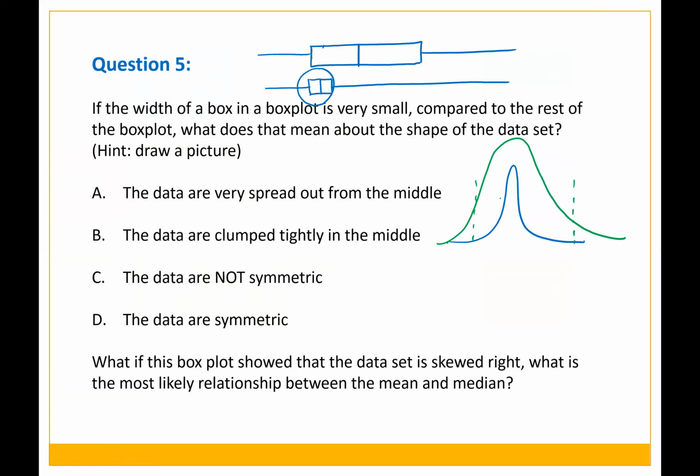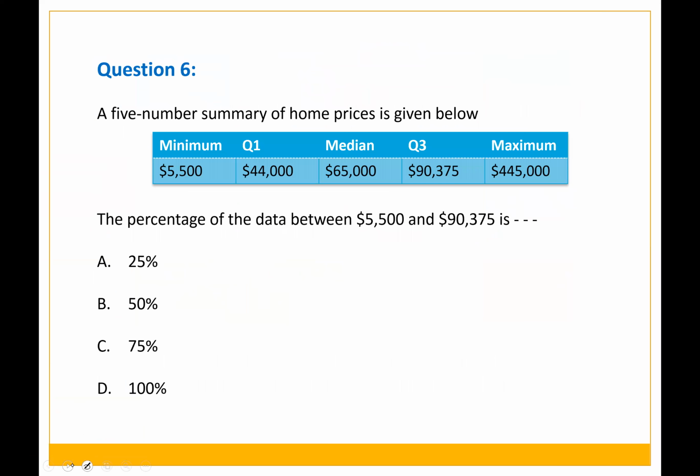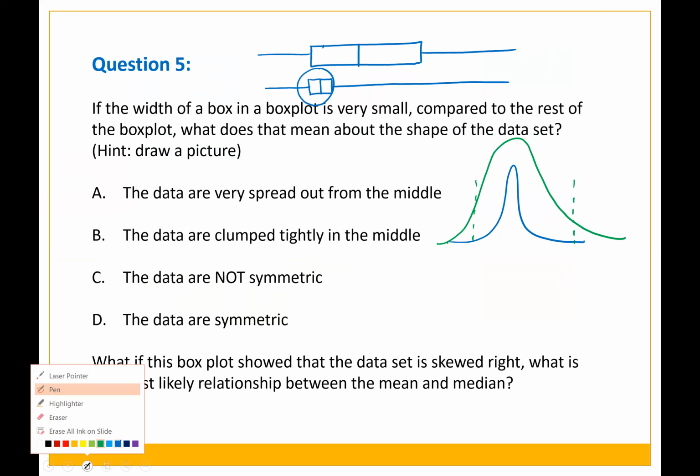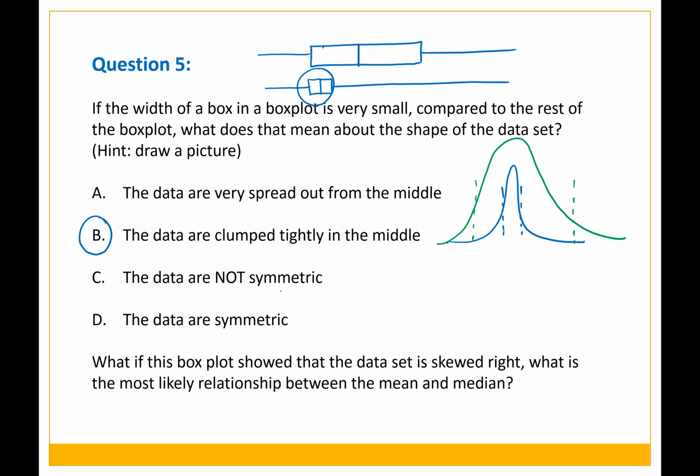But here you have a smaller one, a very narrow peak. So this is Q1 and this is Q3. Therefore, the data are very clumped tightly in the middle. So the answer is B. The data are not symmetric. Okay, there's nothing we can conclude. Not enough information.